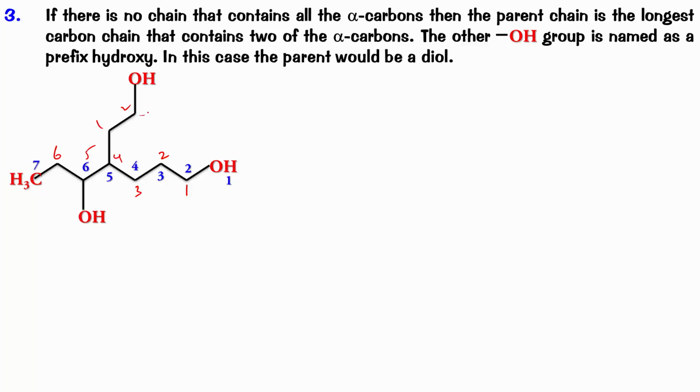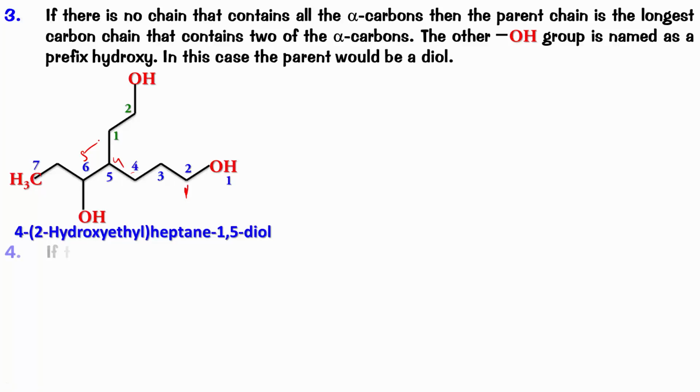We name it as 2-hydroxy ethyl. And this is sitting at carbon 5. So 4, not carbon 5, it's 4 because everything is shifted to the right here. So this is the 4th carbon. So 4-(2-hydroxy ethyl) heptane 1, 5 diol. So this is how you name this particular compound.